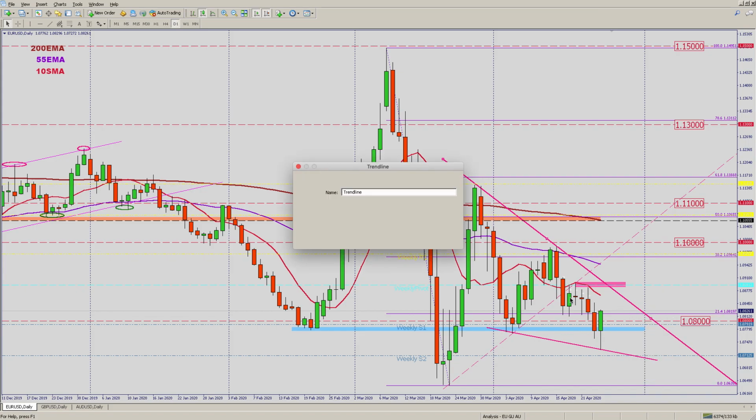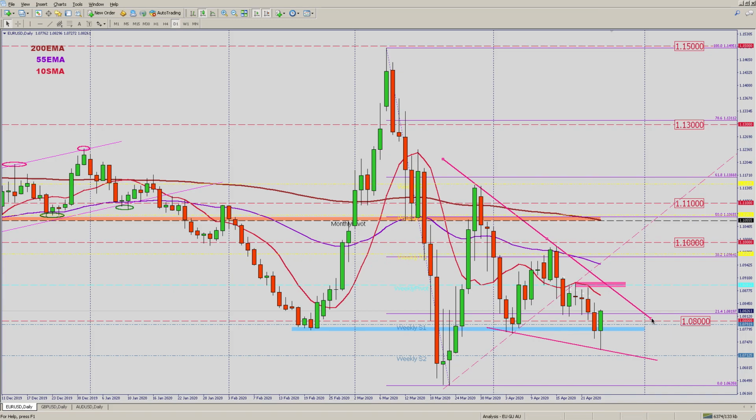In this area, let's take out the extension ray. Alright, so that's the intermediate resistance at around the 108.90 area, so just below 109.